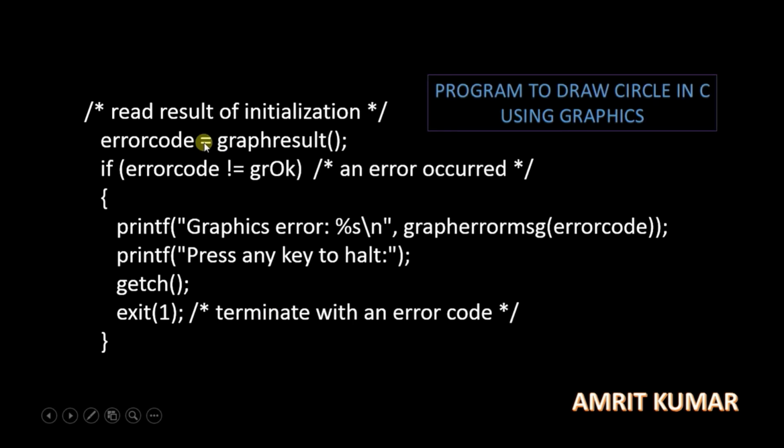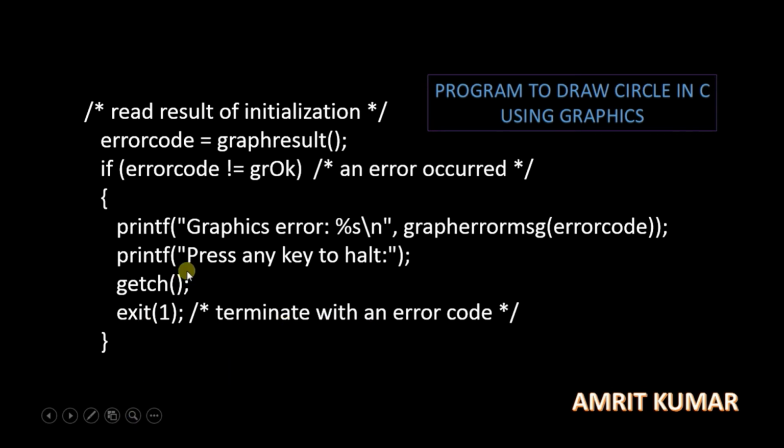After this, I am reading the result of the initialization: errorcode is equal to graphresult. graphresult is a function whose value is stored in errorcode. If errorcode is not equal to grOk, then it prints the graphics error message and says press any key to halt. getch is a function used to get a character from the keyboard, and exit(1) means terminate with an error code.